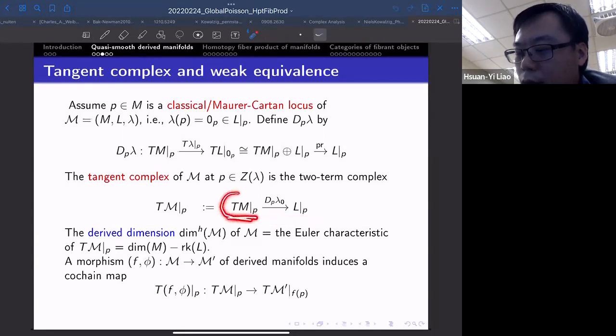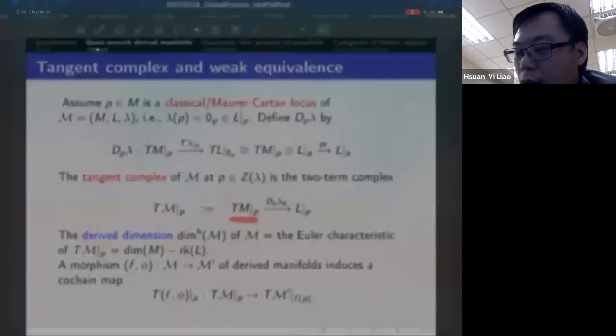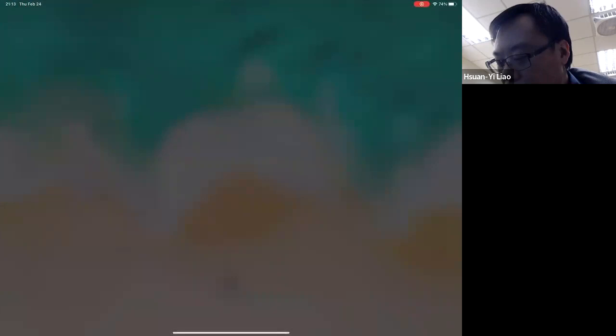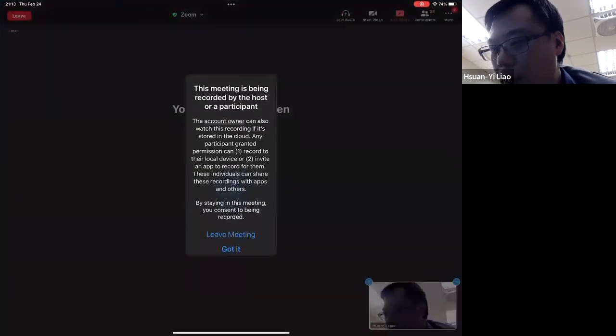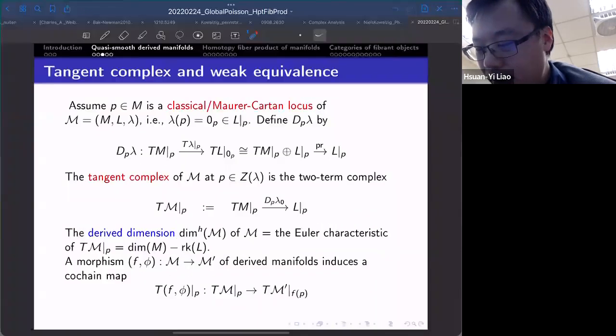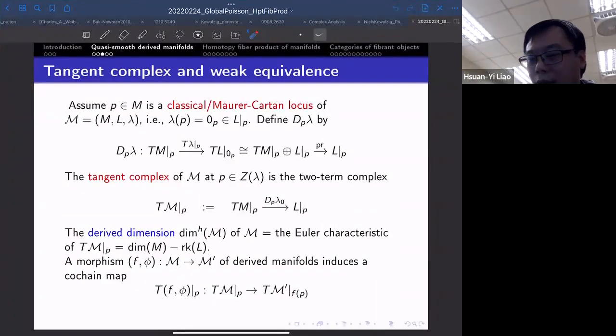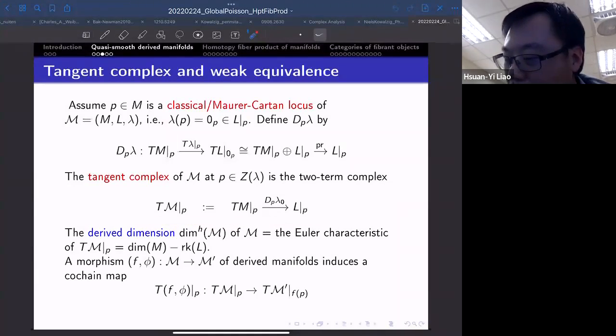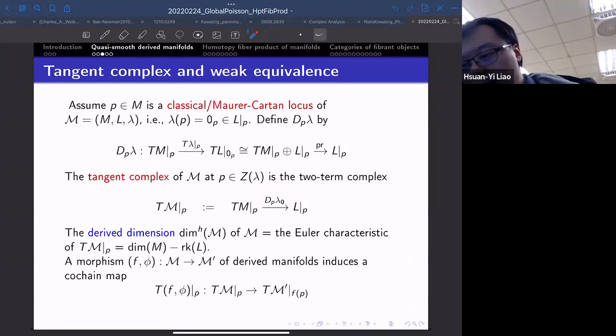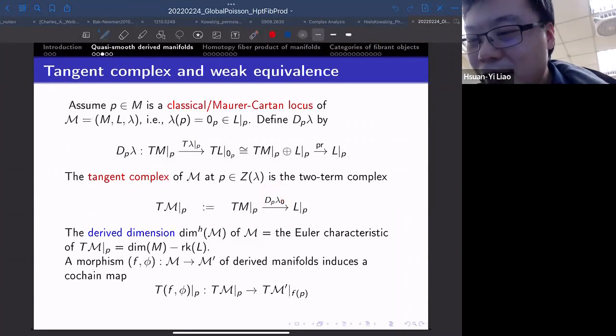The first term is the tangent space of the base manifold at the classical locus P, and the second term is the fiber, and the coboundary map is the differential of the given section.